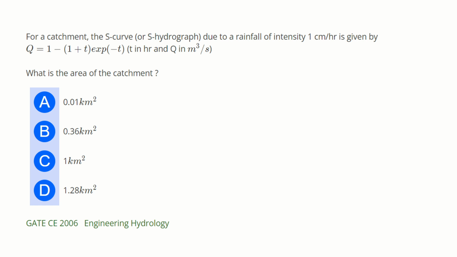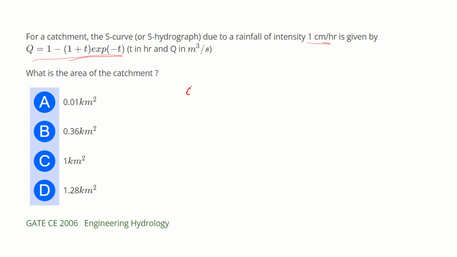Next जो क्वेश्चन है, this is little bit tricky. ठीक है, तो इसमें क्या बताया गया है? There is a catchment. एक कैचमेंट में S curve का आपको 1 सेंटीमीटर रेनफॉल के लिए जो S curve बना है, this is represented by this expression. You have to calculate the area of the catchment. ठीक है, क्या कर सकते हैं हम इसमें?